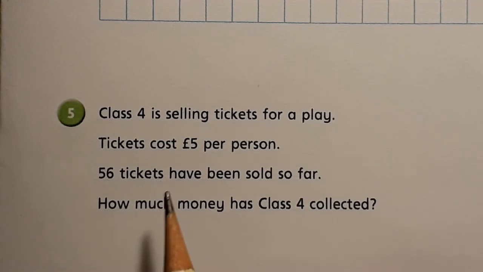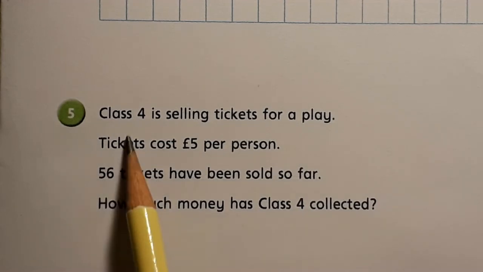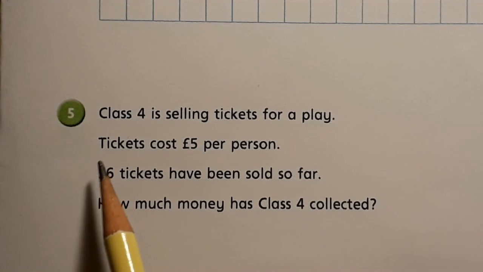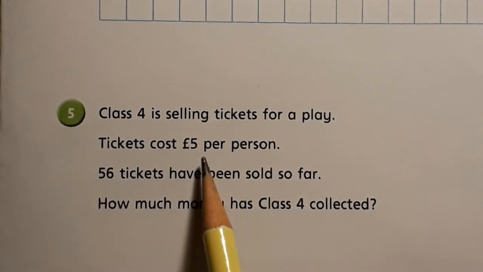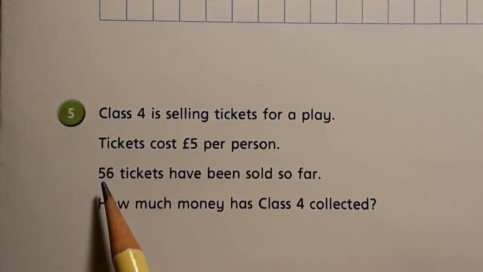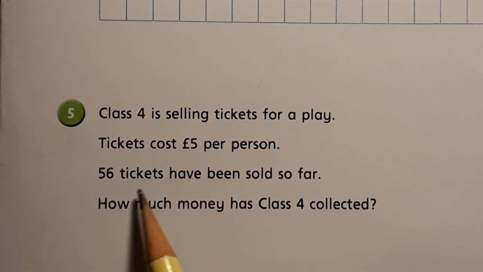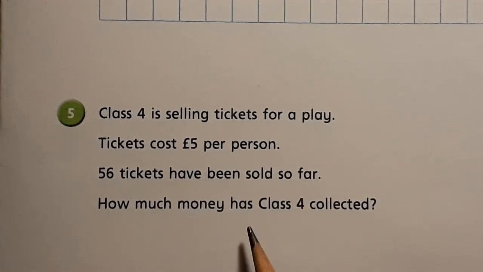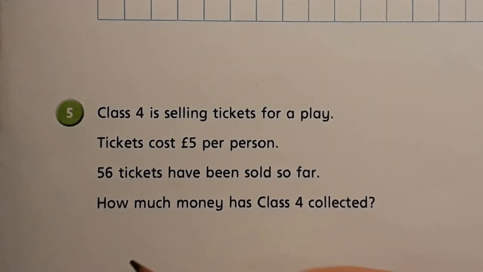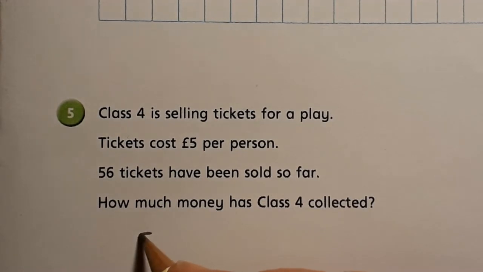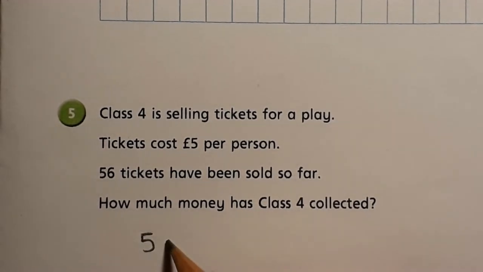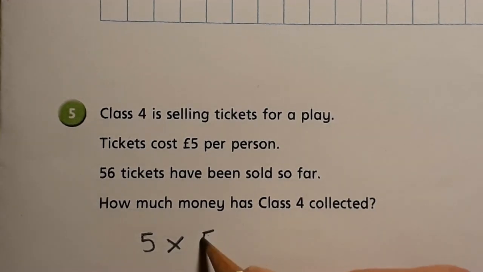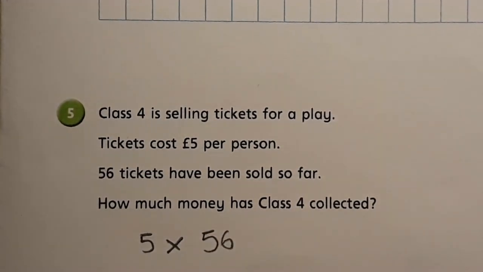Okay, quick problem solving question. Class 4 is selling tickets for a play. Tickets cost £5 per person. 56 tickets have been sold so far. How much money has Class 4 collected? Okay, so we know that the cost of the ticket is £5, and we know that they have sold 56 tickets.